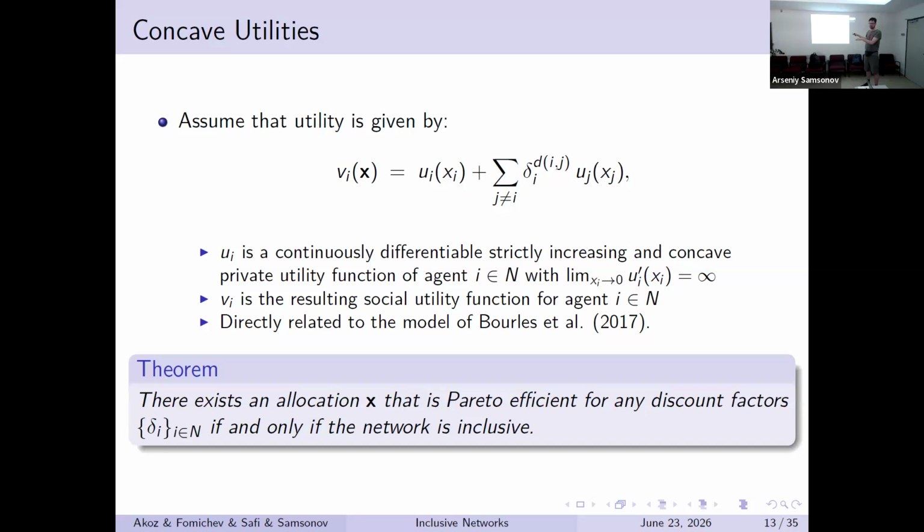You care about efficiency, and you think that people have concave utilities. Then you can be sure that you can implement something which is always going to be Pareto efficient, no matter how altruistic people are, how they care about each other, if and only if the network has this structure.